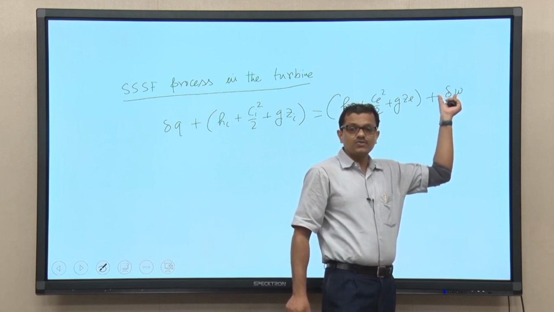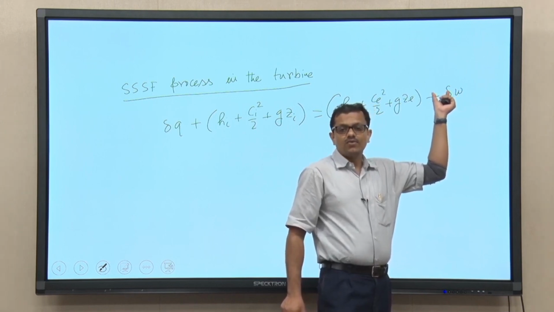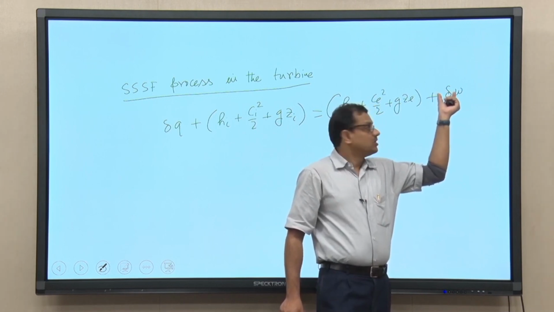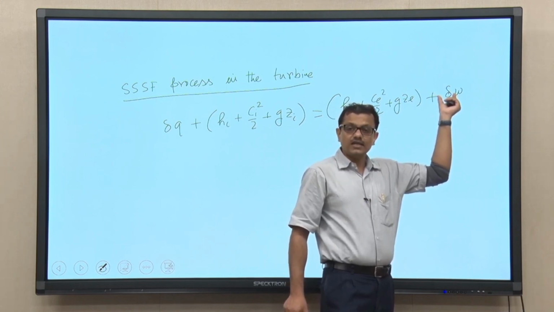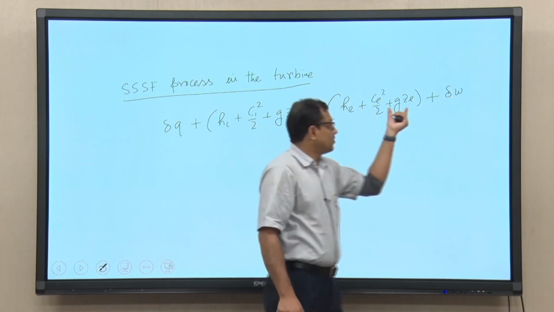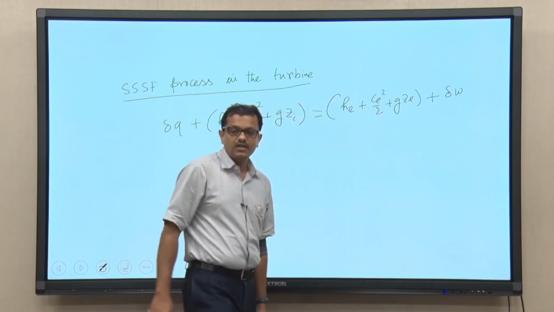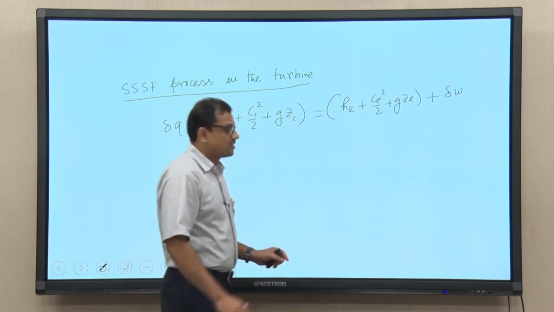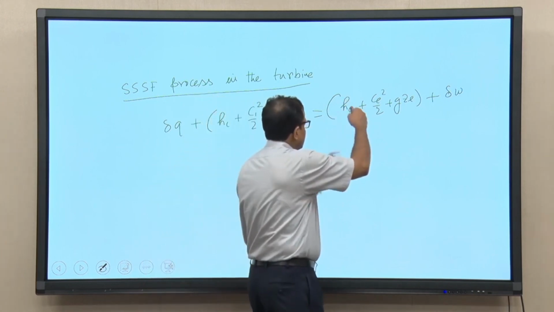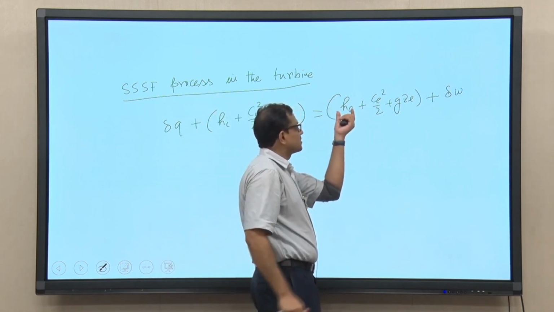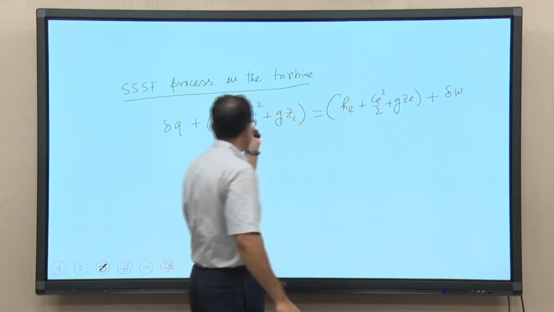It is because of this work that we are getting net work output, but the work done to maintain the flow either at the inlet or at the outlet of the turbine has already been taken care of by the terms h_e and h_i.